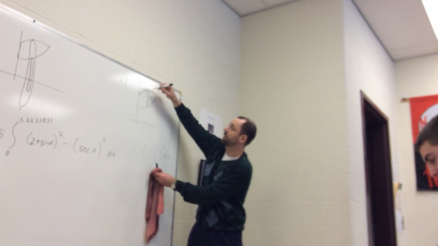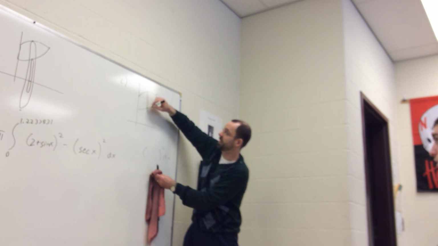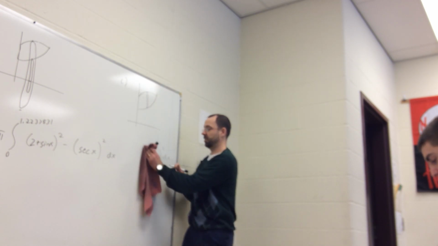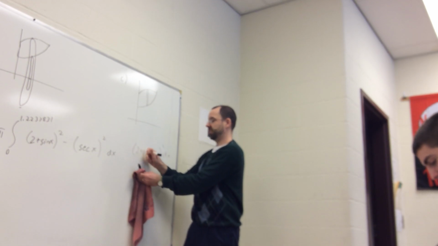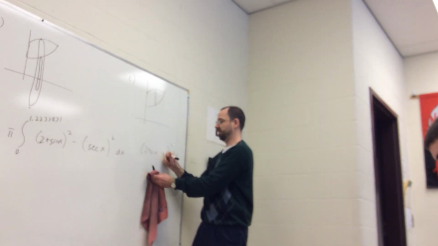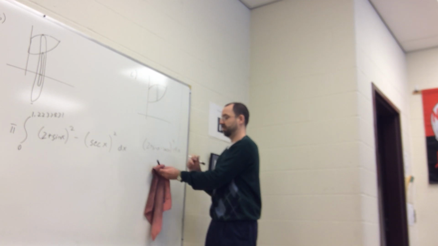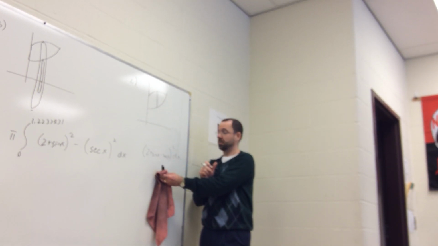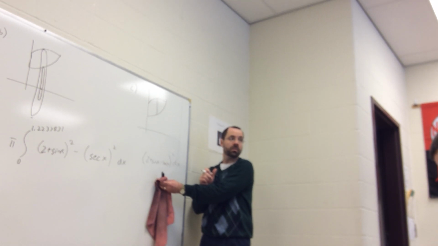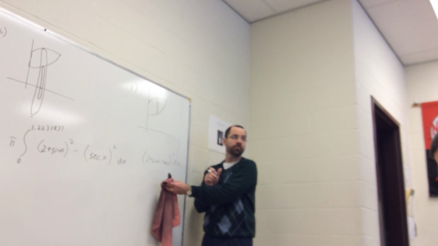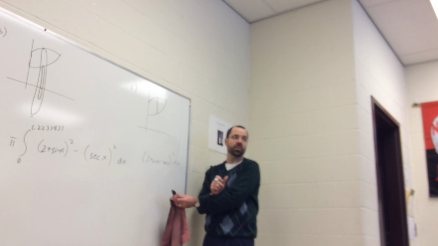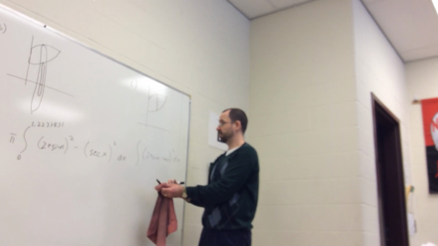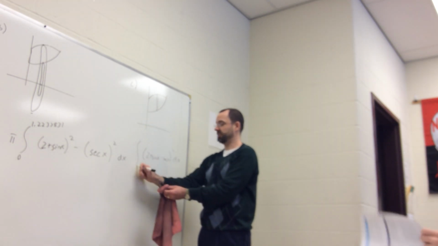And the side is just this y value minus that y value, so 2 plus sine of x minus secant of x. Are you okay with that? And then we're integrating from 0 to that same intersection point.